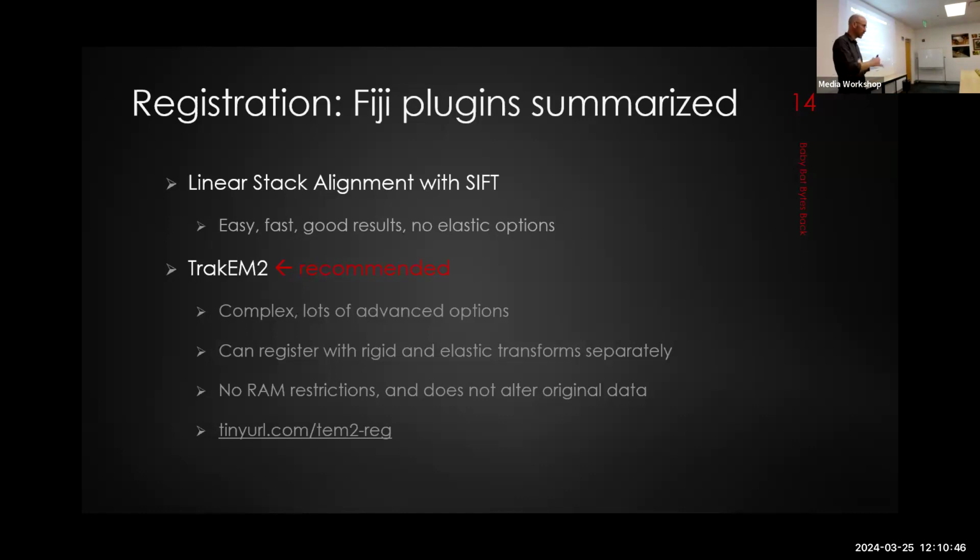So you can do one linear to line things up, and then a separate elastic transform to fine tune your results. It has no RAM restrictions, so it's very good for limited computing power, and it doesn't alter the original data. I prepared a stepwise, click here, click there kind of protocol for using TrackEM2, and that link at the bottom will take you to that.